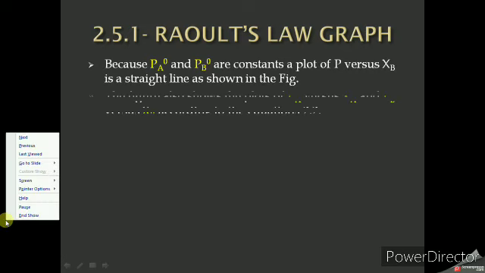Because PA0 and PB0 are constant, a plot of pressure versus mole fraction of B component, that is XB, is a straight line.